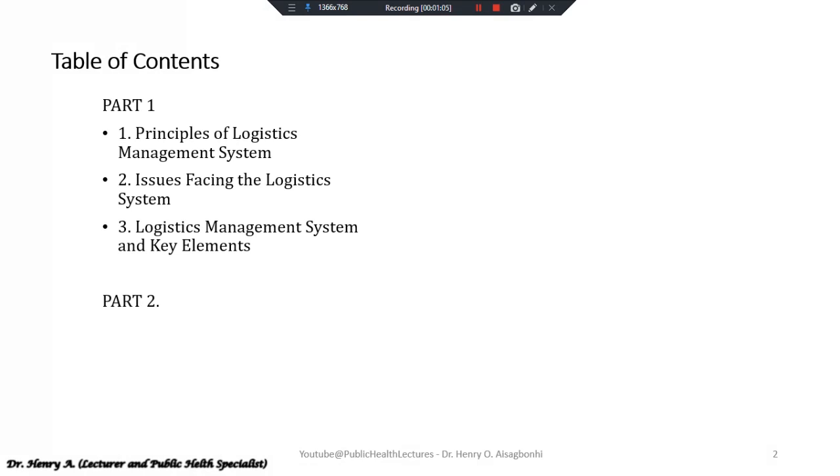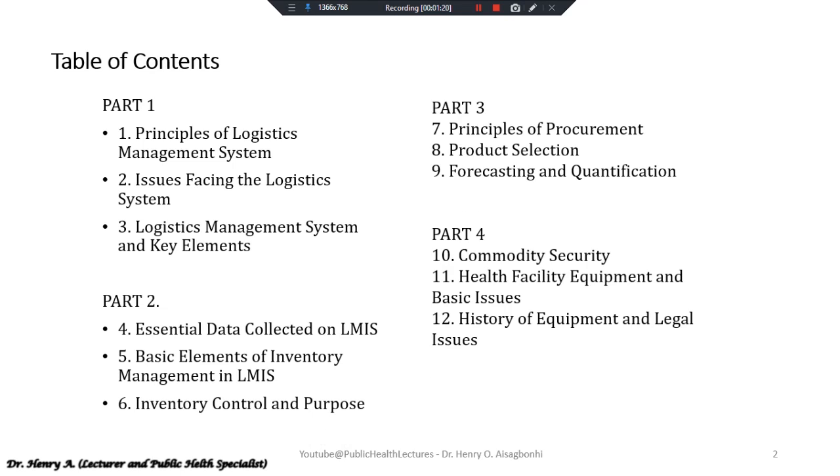Under part 1, we will be looking at principles of logistics management, issues facing the logistics management system, and key elements. Under part 2, we'll be looking at essential data collected on the Logistics Management Information System, known as LMIS.